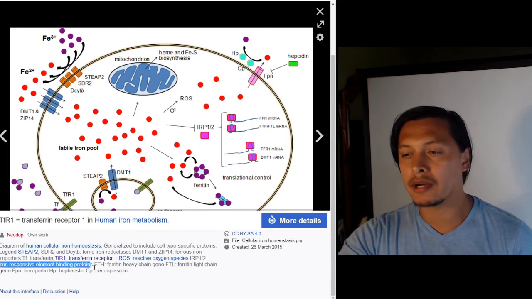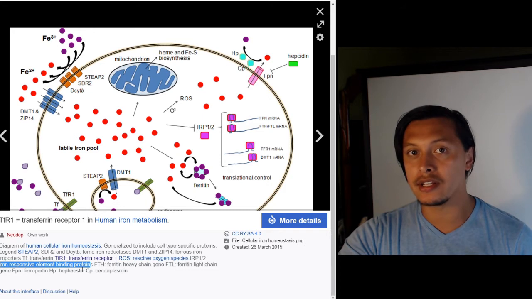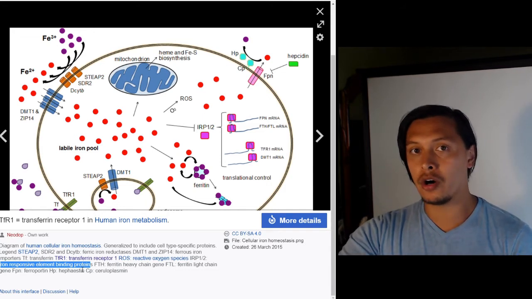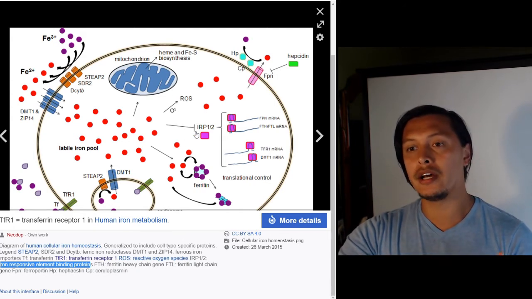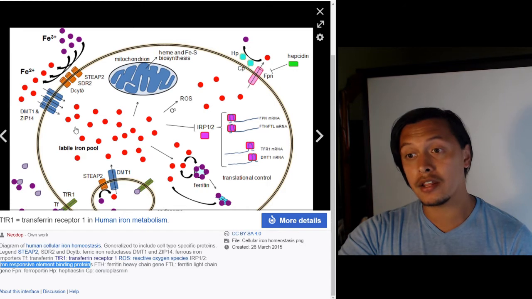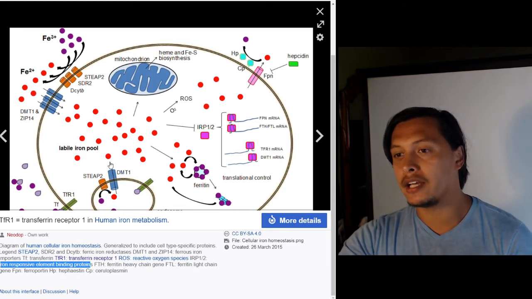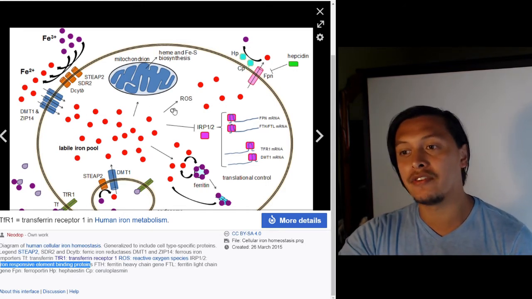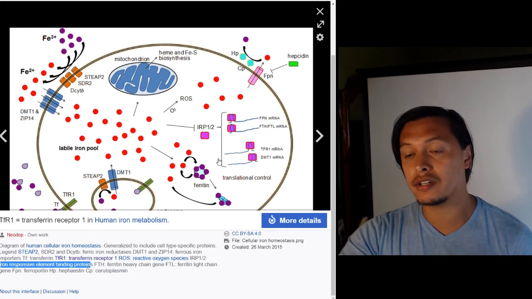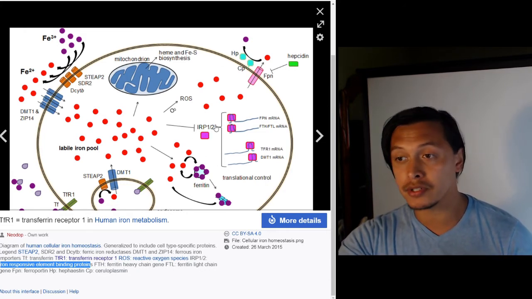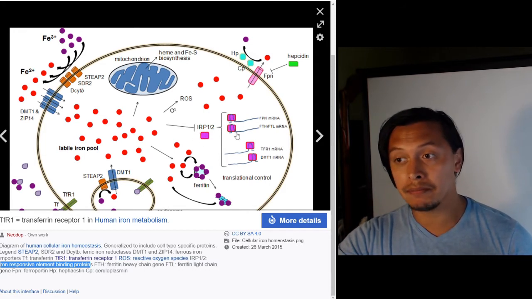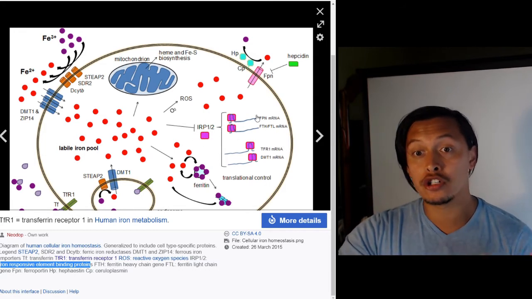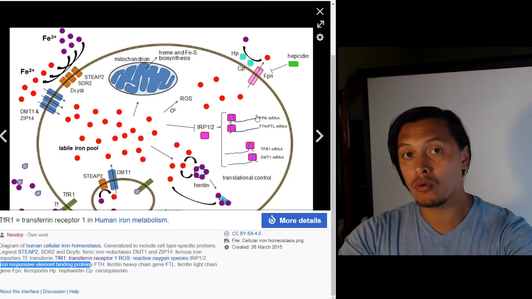I think I'm going to do a different video on these iron responsive element binding proteins later today. Just know that there is a connection between the iron that is in the body and the activation or inactivation of these iron responsive element binding proteins. These binding proteins are going to interact with the mRNA and influence their translation rates.